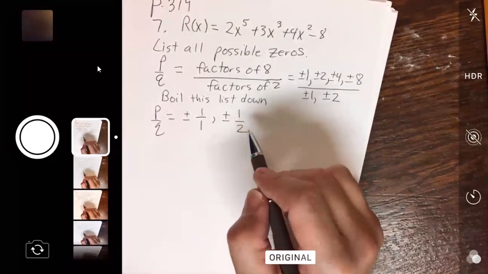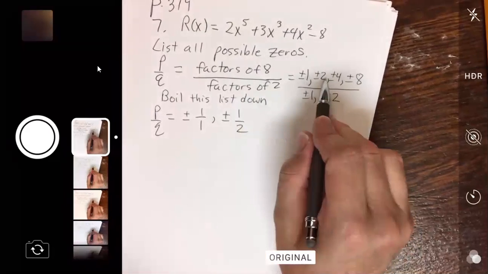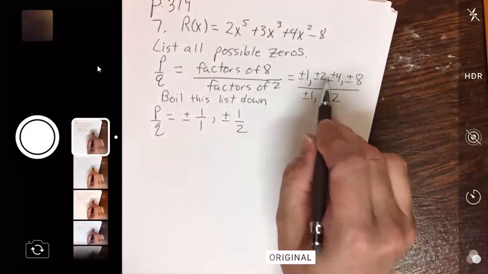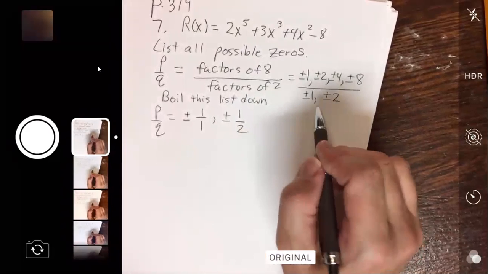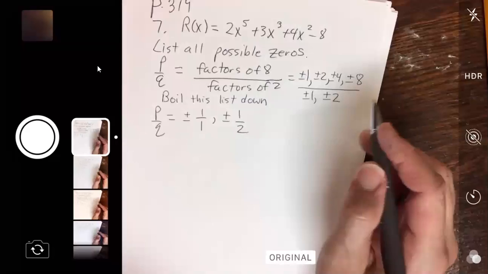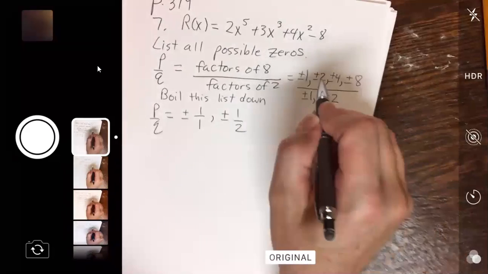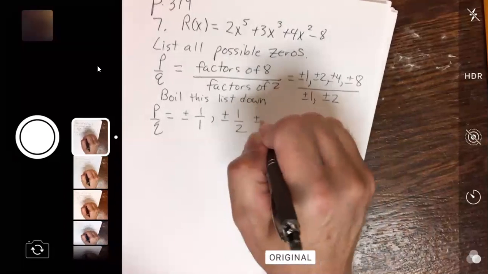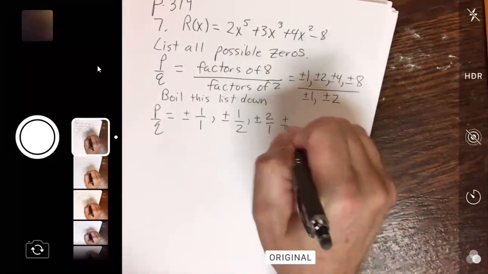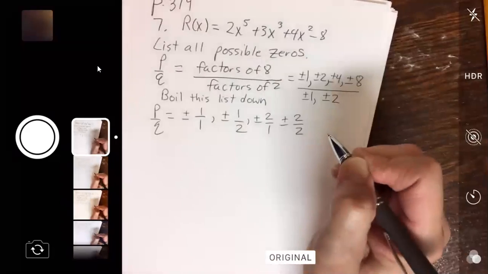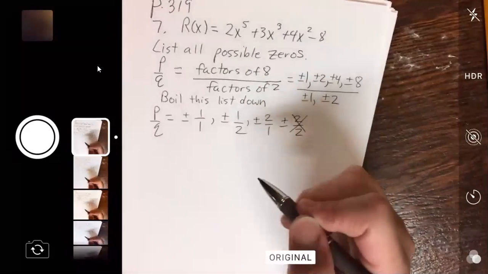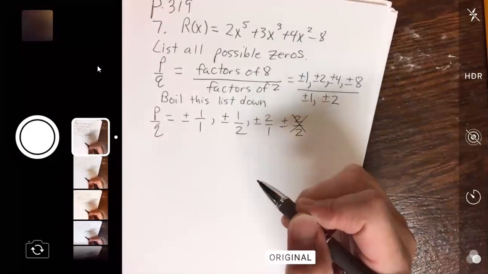What's going to happen is we're going to take each number on top individually. I'm going to write it out real slow so you can see it, and we're going to get repeats. And then you can cross off the repeats. All right, so now I go to 2 and I get plus minus 2 over 1, and then plus minus 2 over 2. Can you tell that's a repeat? You're just getting 1 again.